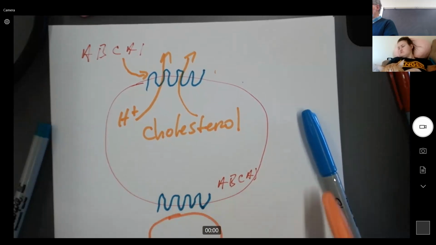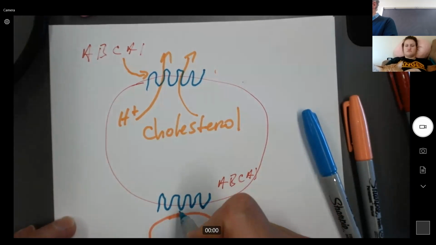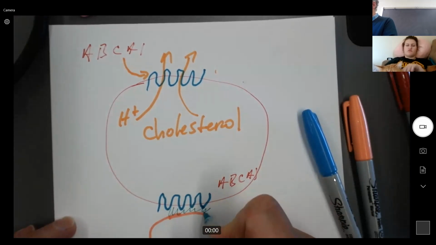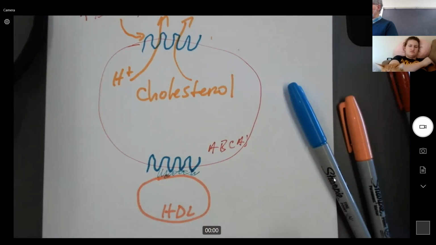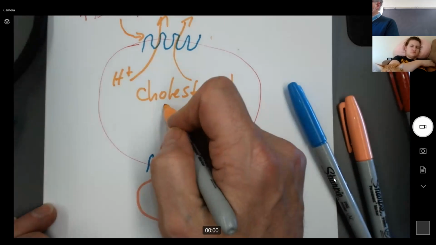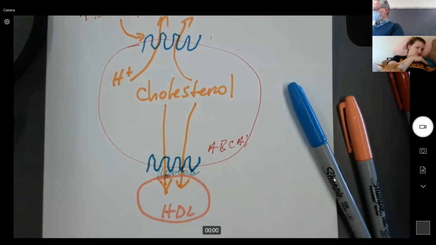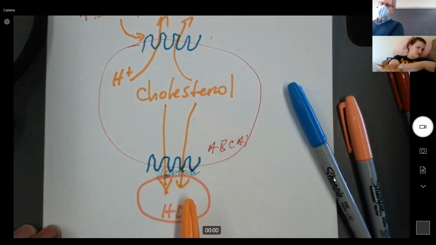HDL has the ability to associate with ABCA1, and it can then use that cholesterol efflux to fill itself. So essentially it can relieve cholesterol-laden cells of excess cholesterol.